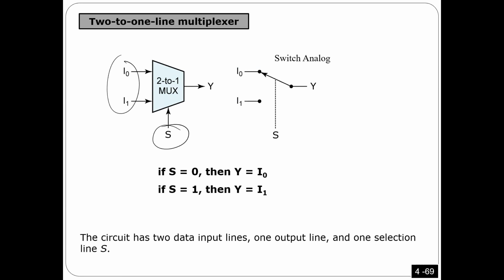This is a very simple thing. So you can imagine how it works. As I told you, it's like you have a switch. The output can be connected here, or the output can be connected here. What do you mean by connected? Very simple. I mean it's equal to this value. If this value is 0, this is 0. If this value is 1, this one is 1. That's what I mean. It's not 0 all the time, and it's not 1 all the time.